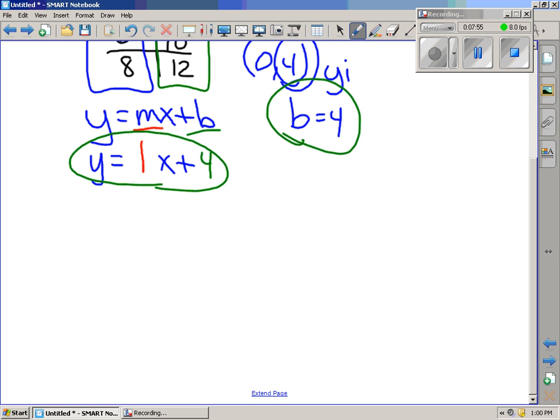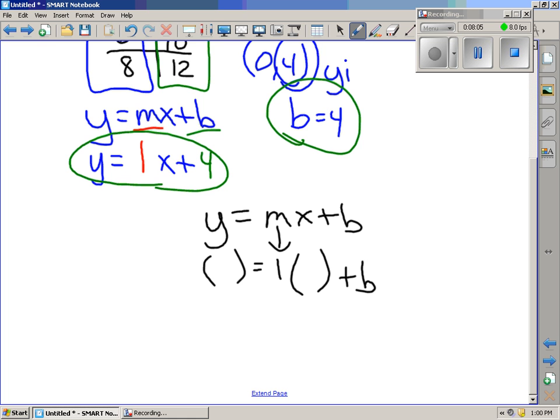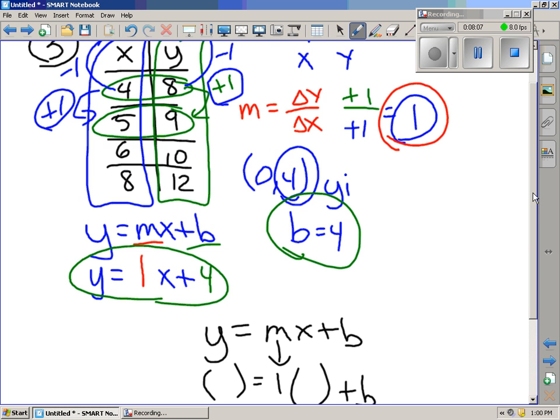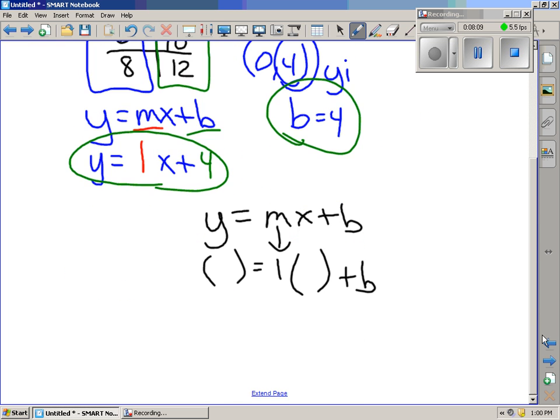Again, I'm going to show the other method. Y equals mx plus b. M was equal to 1. And then I need to plug in an xy point as well to solve for b. So I'm going to choose the point 8, 12 this time. So 8, 12. 8 is the x value, so we replace x with 8.